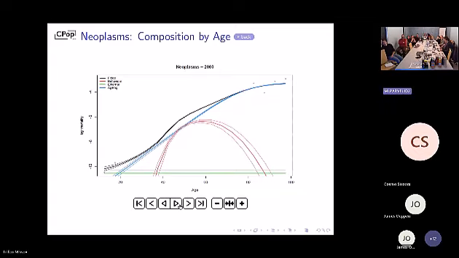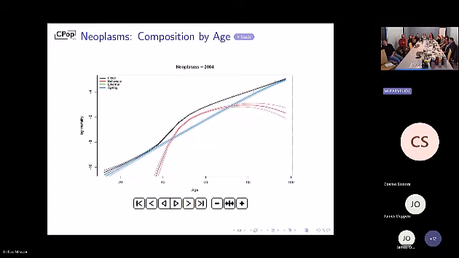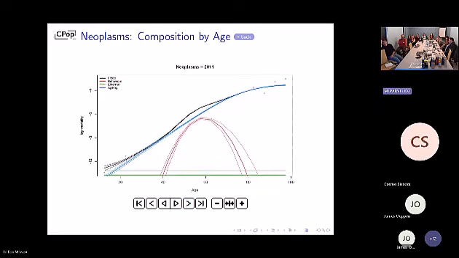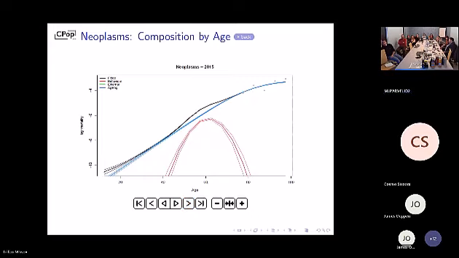Probably with smoking. Neoplasms, that's okay. And it's really small, the C here, it's e to the minus 12.